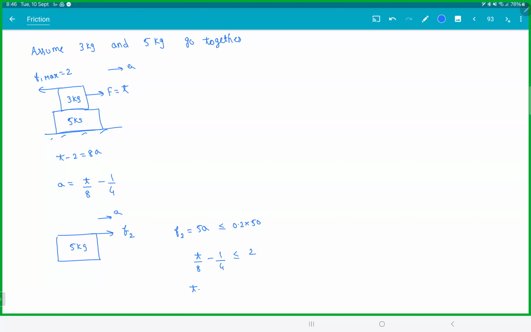Multiply by 8: t minus 2 is less than or equal to 16. This changed. Now the slipping is happening at 18 seconds. Previously it was 23.33, remember? So for t greater than 18, 3 kg and 5 kg slip. So the change started from here.